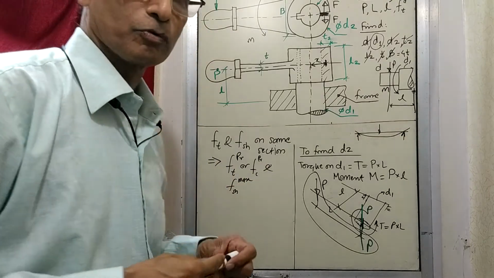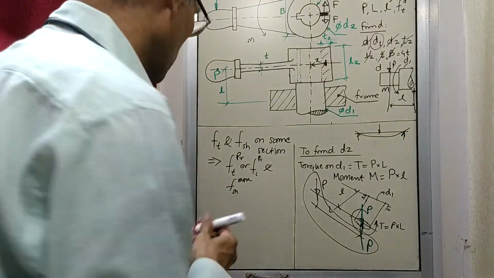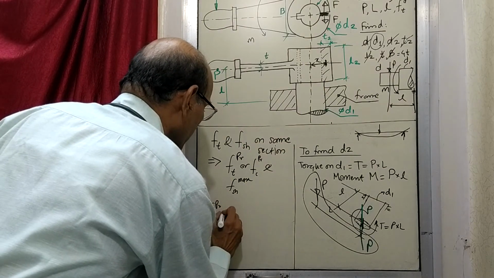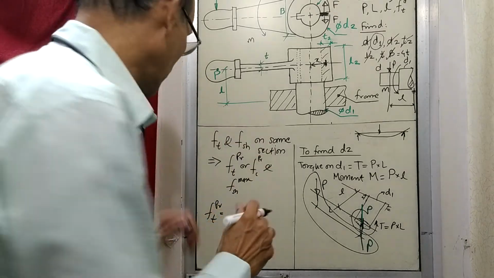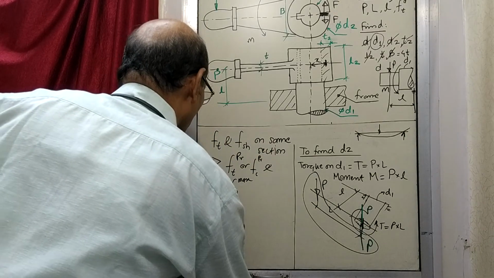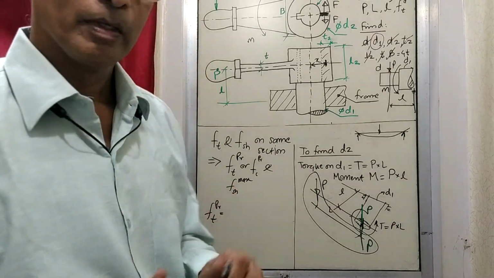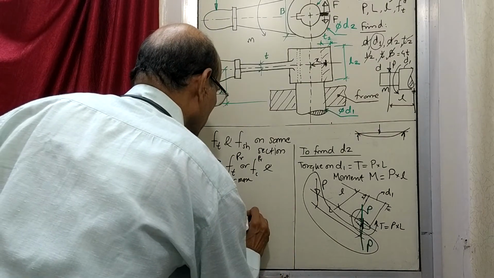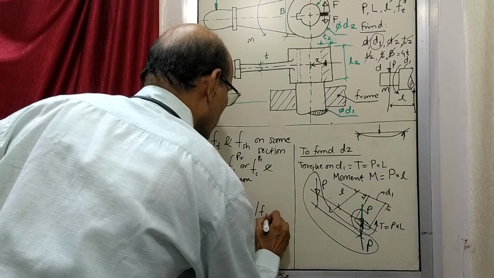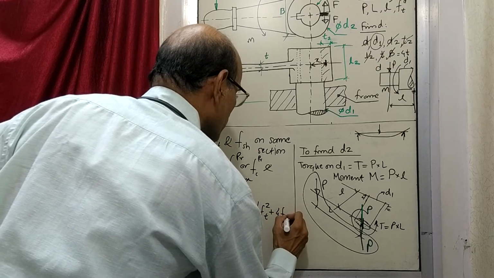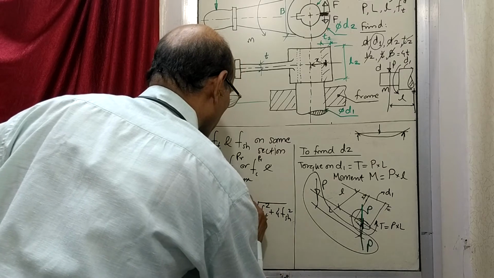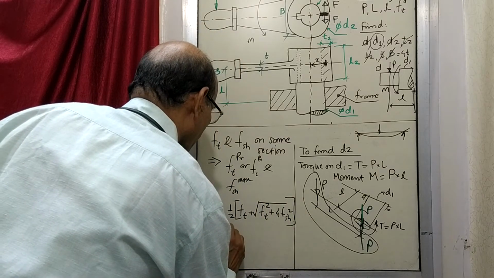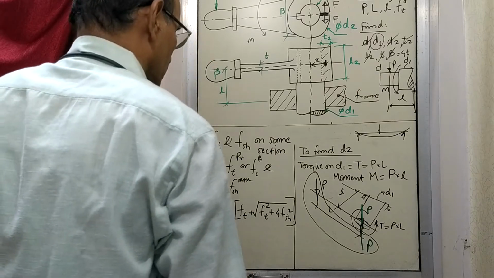So there is one formula which we also wrote some time back. Ft principal is half of Ft plus square root of Ft square plus 4 times shear square. And then F shear max is equal to half of the square root of that.